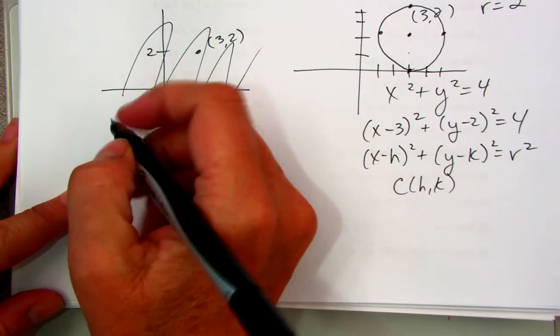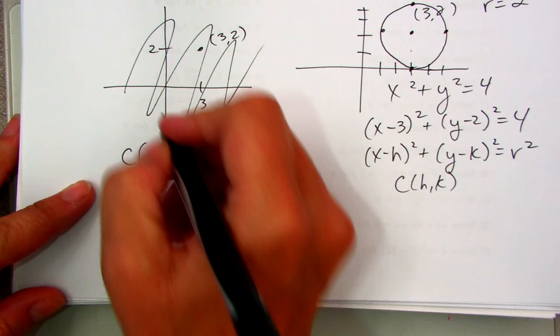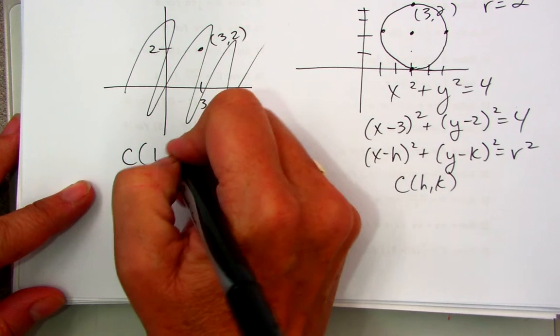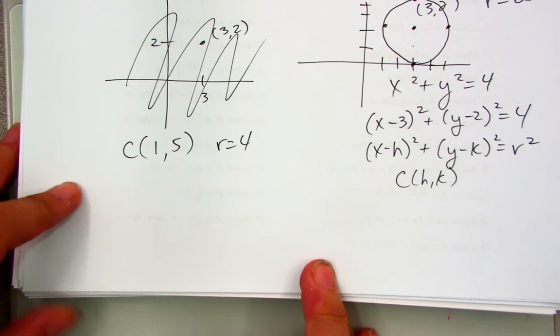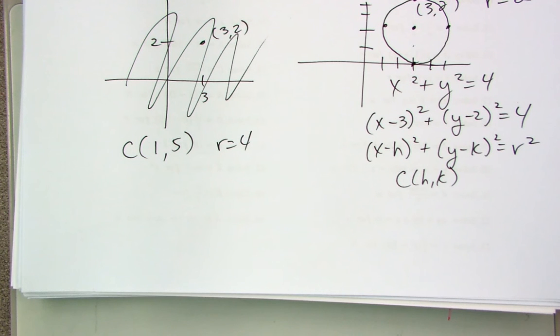So let me try. Centered at 1, 5 with a radius of 4. Write the equation of that circle. Attempt that to the best of your ability.